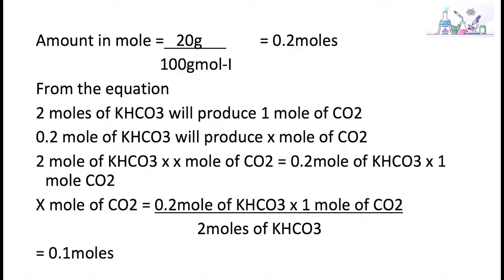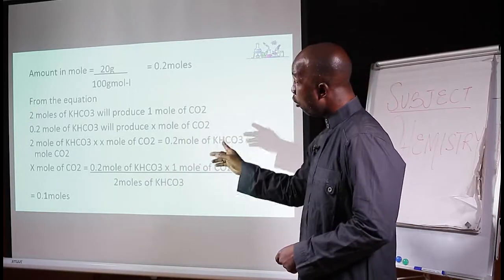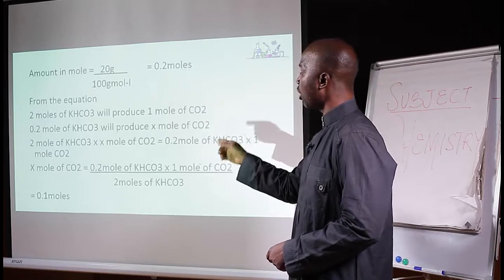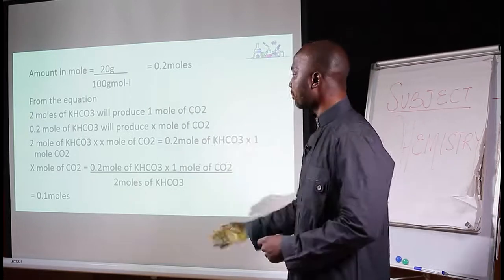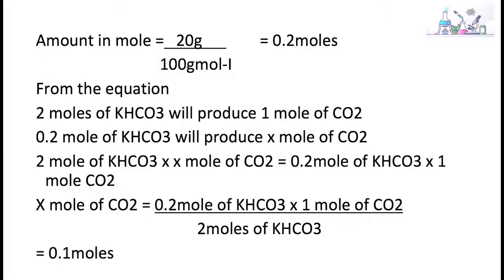If you make X the subject of the formula, you have X mole of carbon 4 oxide is equal to 0.2, substituting now, times 1 all over 2 moles of potassium hydrogen trioxocarbonate 4. On this equation, you will find out that 0.2 moles of potassium hydrogen trioxocarbonate 4, which is on the numerator, has the same unit as 2 moles of potassium hydrogen trioxocarbonate 4 at the denominator.